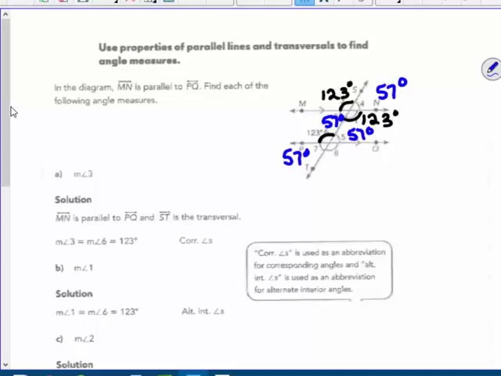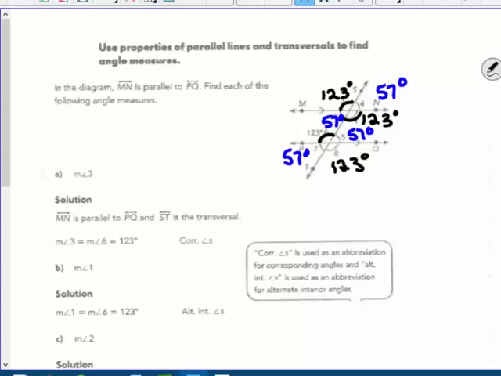So notice that 4 of my angles are 57 degrees, and my last one, angle 8, is vertical with angle 6. It's also alternate exterior with angle 3. That's 123 degrees.